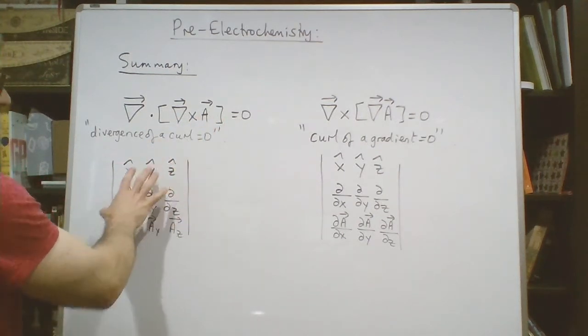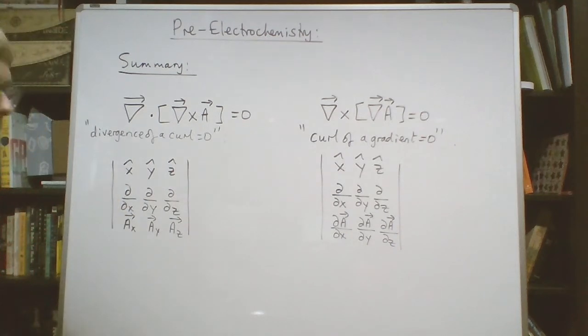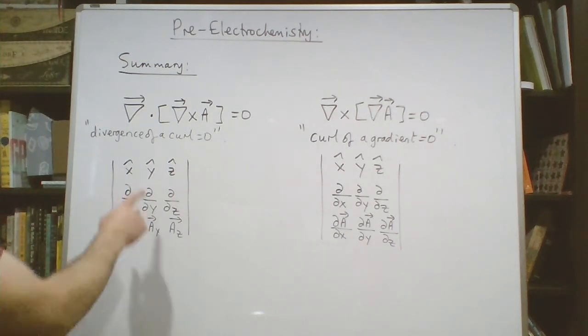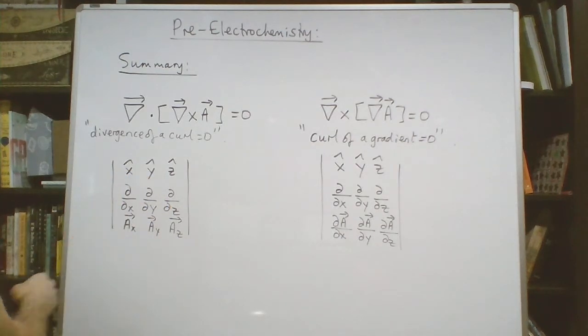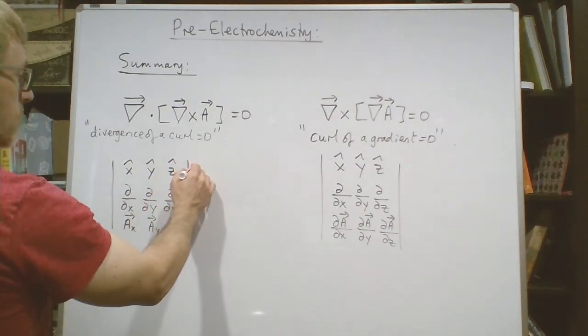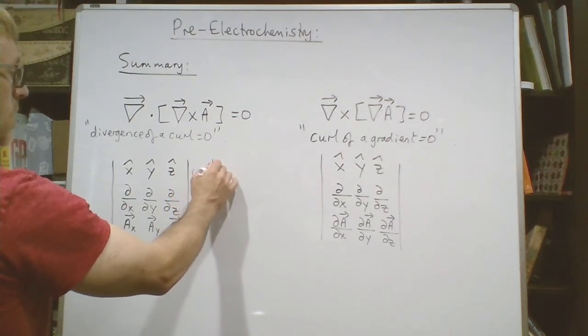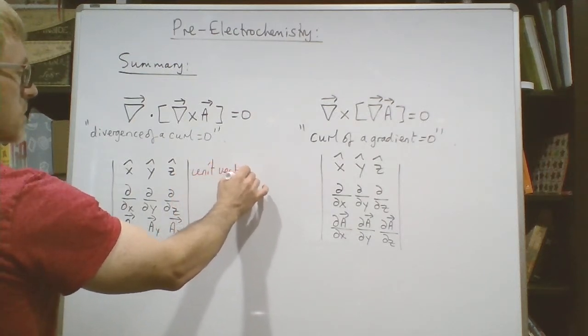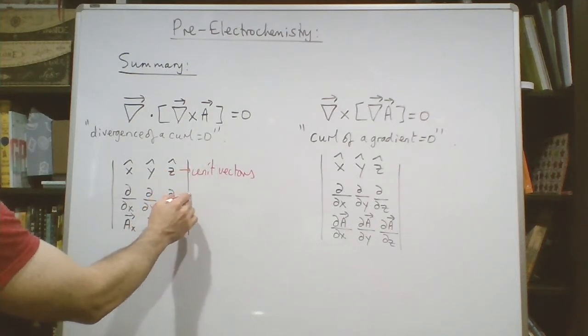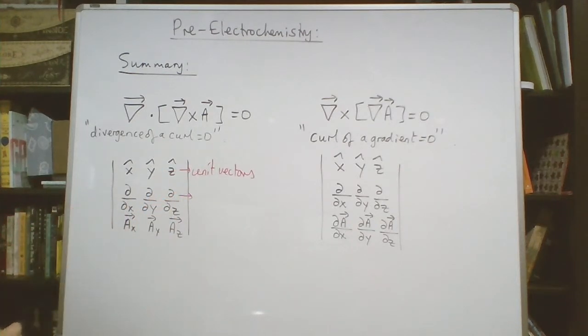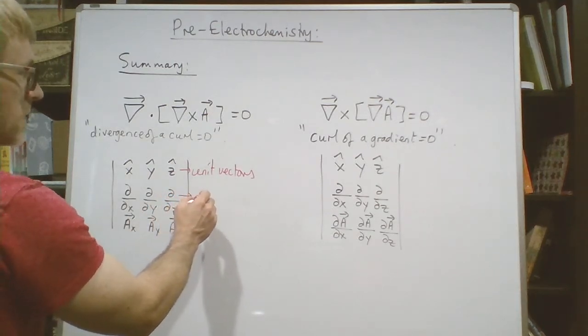And we had our canonical matrix that we solved the determinant for. We had the unit vectors x, y, z. And we should probably identify this. So these are the unit vectors x, y, and z. d by dx and d by dy and d by dz. This is del.